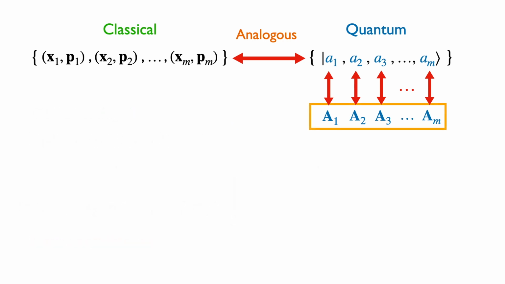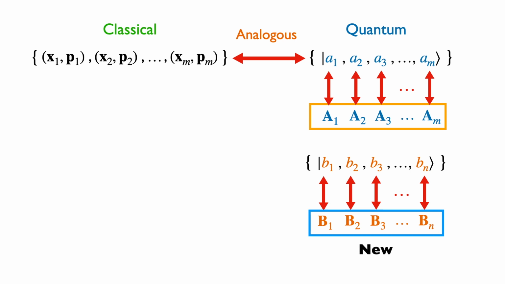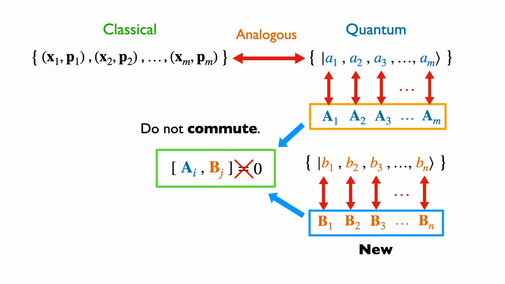Similarly, for the quantum case, we can also fully describe the state with a new set of variables, B. Again, these new variables will have to be mutually commuting. But the key difference is that the new variables will not mutually commute with the old ones if they are inequivalent operators, unlike the ordinary numbers that describe variables for the classical case.